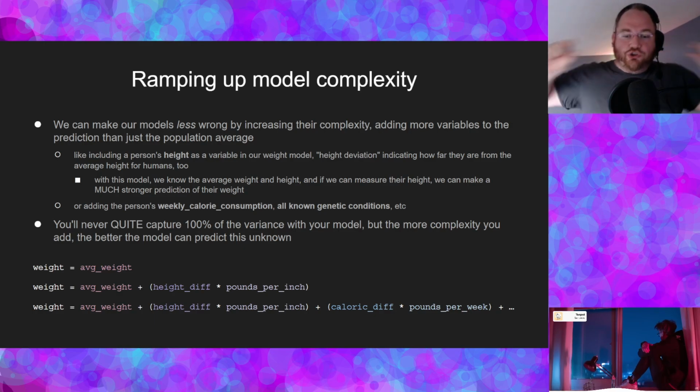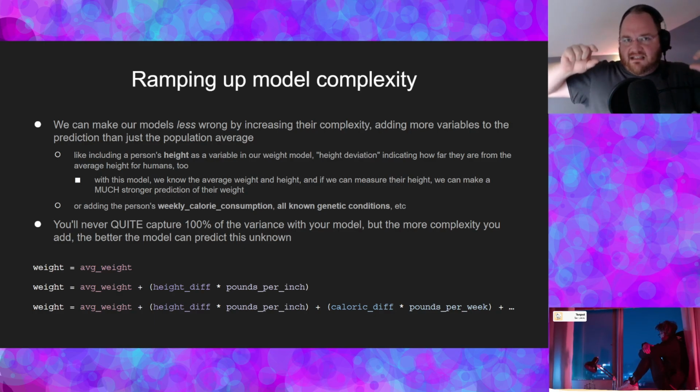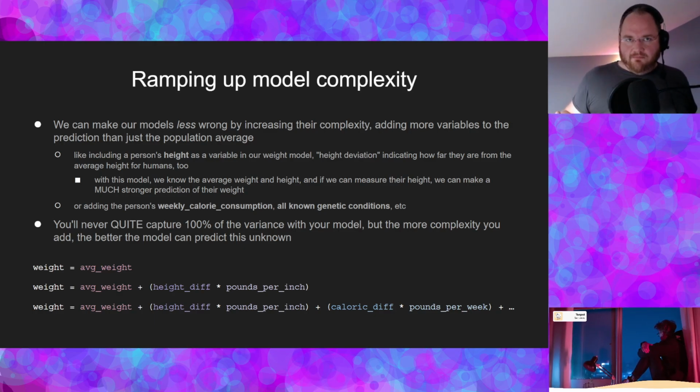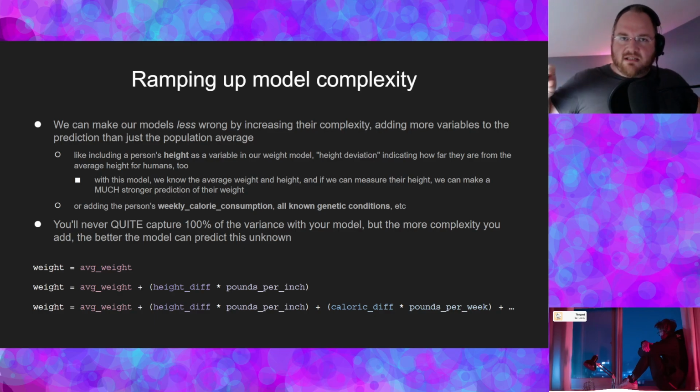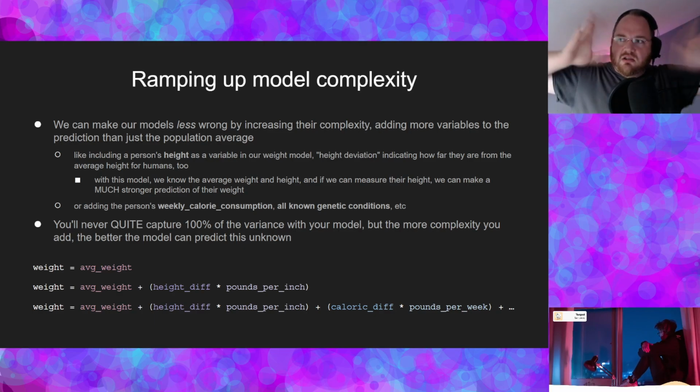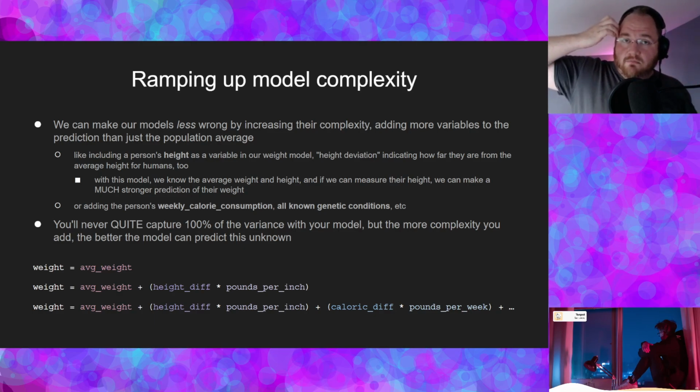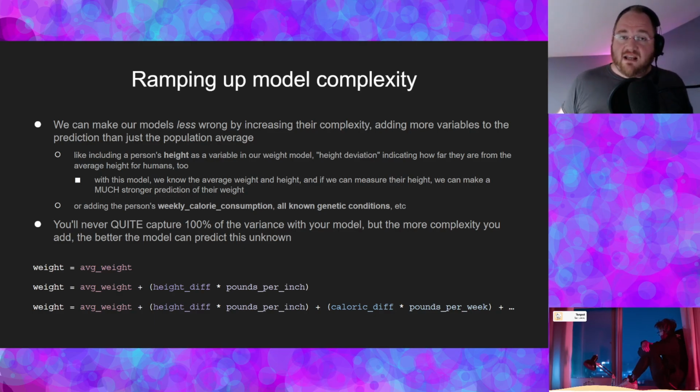This model now includes height as a factor. This is where linear regression models come into play. You start adding more terms, you get more and more degrees of freedom for your model to use to fit the actual data and make useful predictions. Although add too many and it starts to overfit as well, but we're not focused on that right now. That might come up later.